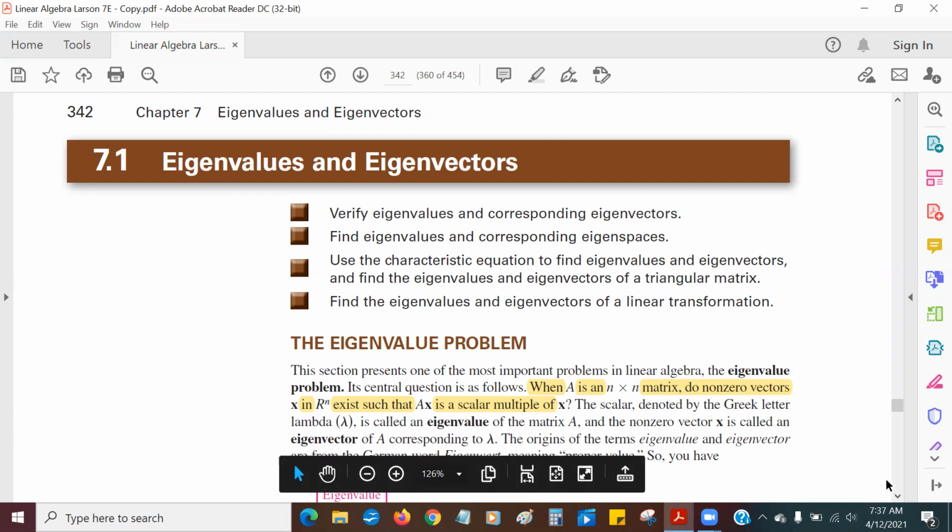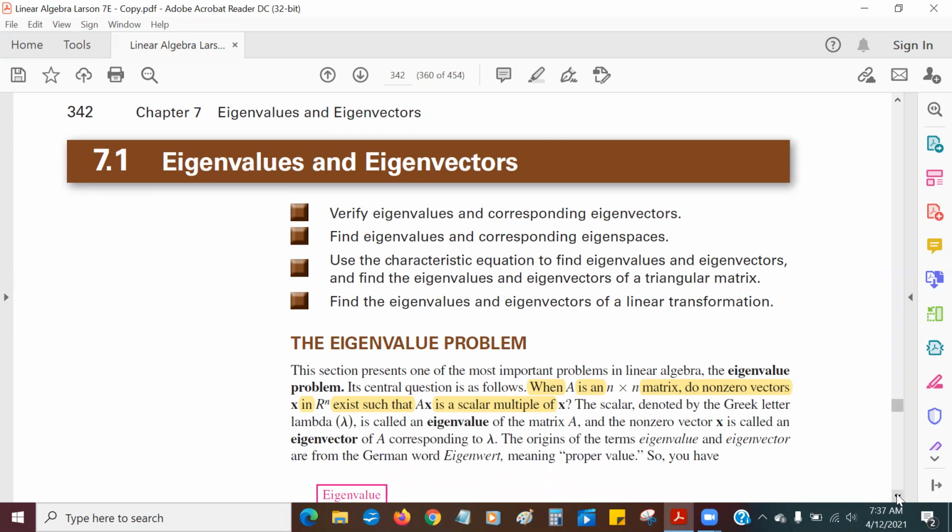In other words, I have a matrix and I want to multiply the matrix by a vector, by regular multiplication. And the result of that should be a scalar multiple of that original vector. Usually when you multiply a matrix times a vector, you get another vector, and that other vector is often pointed in a different direction, which means it's not a scalar multiple.